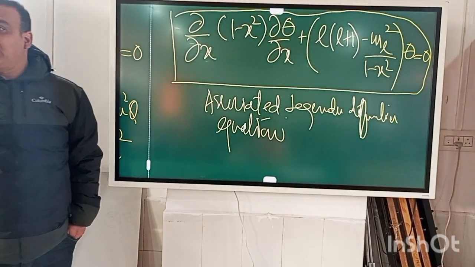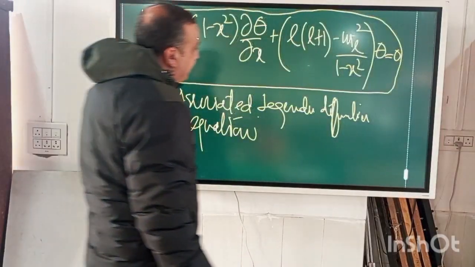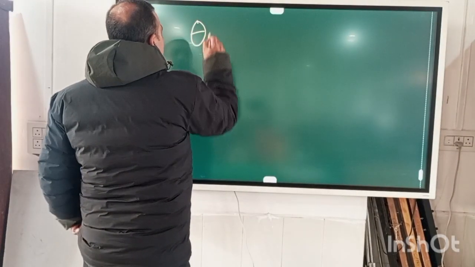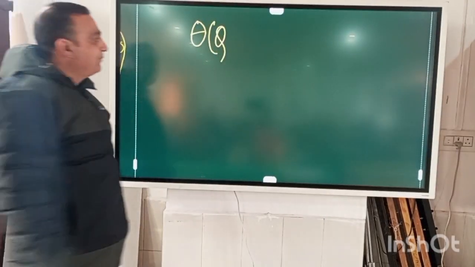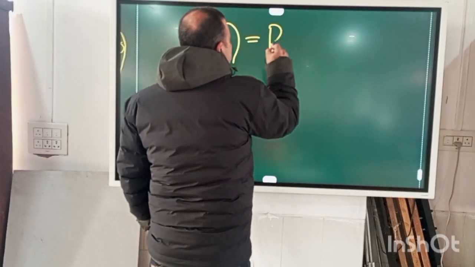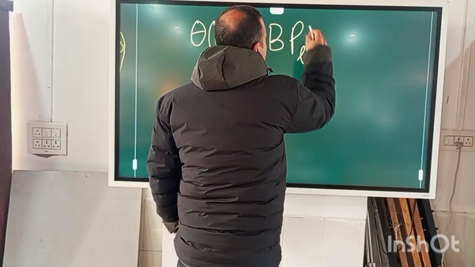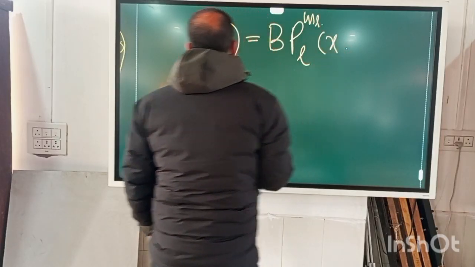Every differential equation has a solution, right? And what will be the solution of this differential equation? We can write down its solution as theta. This theta is a function of small theta. We started from here. Now this is equal to, say, I will choose some b, P_L^m_L of x.